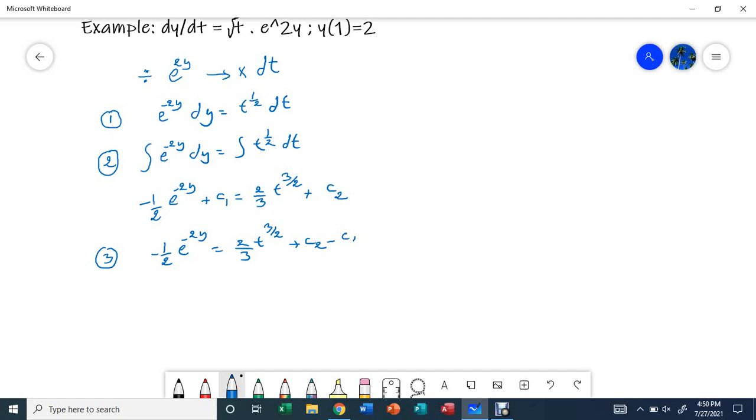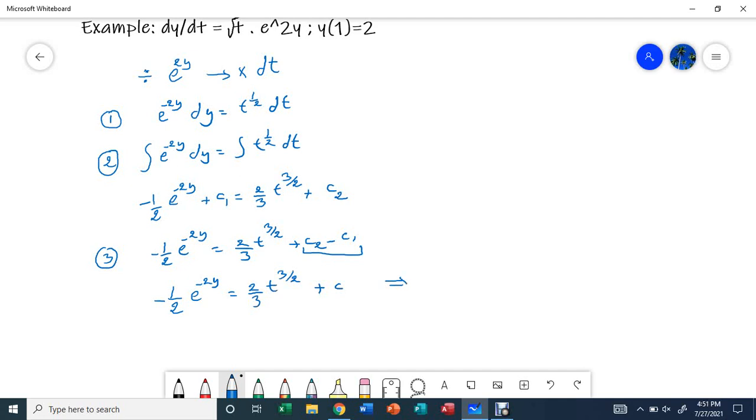And I'm just gonna substitute capital C for c2 minus c1. So I end up with negative 1/2 e to negative 2y equals 2/3 t to 3/2 plus C.